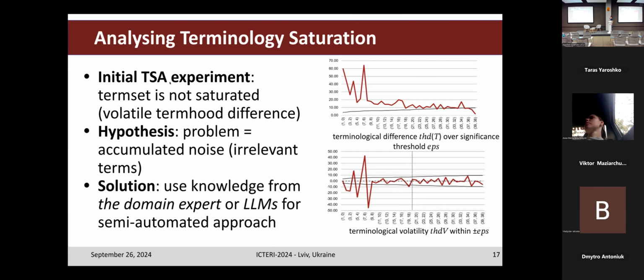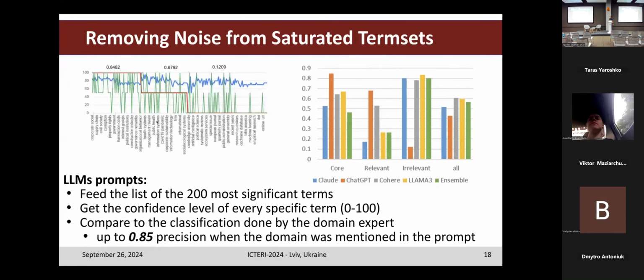The solution we wanted to check was to use knowledge from the pre-trained LLM or the human domain expert for a semi-automated approach. For removing noise from those term sets, we decided to use LLMs via such a mechanism.